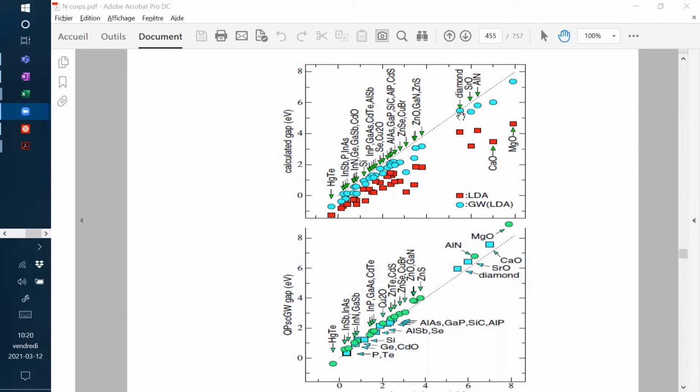The location on the dashed line is shown here. So the prediction for LDA is 4 electron volts, and if I go to the dashed line here, I don't know why MgO is not on that line. Where is MgO? Is it on that line? No. The gap is much larger. So here it makes more sense to look at the point where we have aluminum nitride, and the gap is here, and the LDA prediction is there.